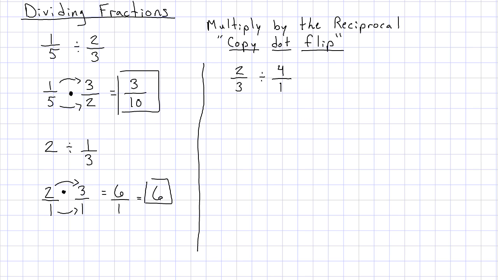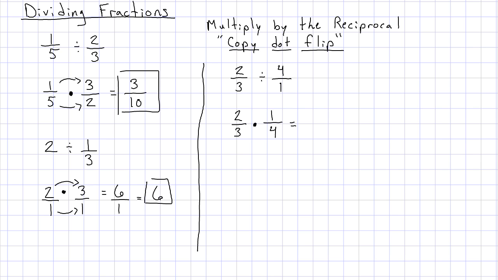You can always write any whole number over 1 in order to make it look like a fraction. That's still the same number, it just looks a little different. And then we apply our copy.flip system. So I keep my first number, 2 over 3, and then I flip the second one, so 1/4.